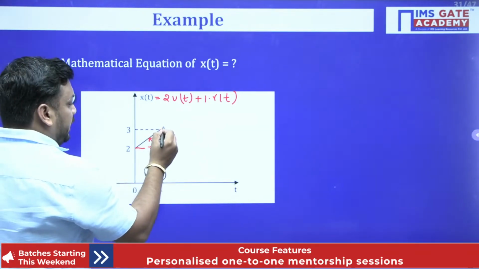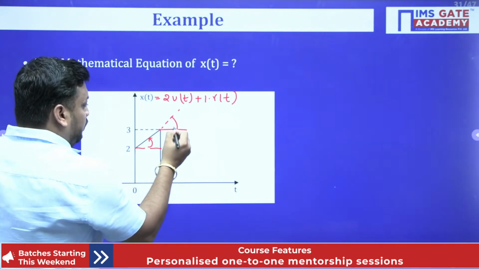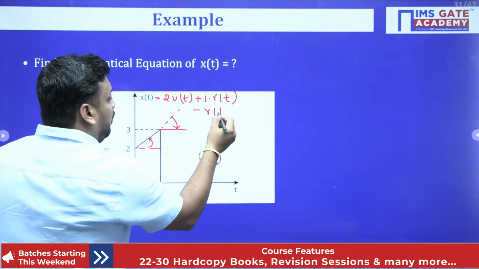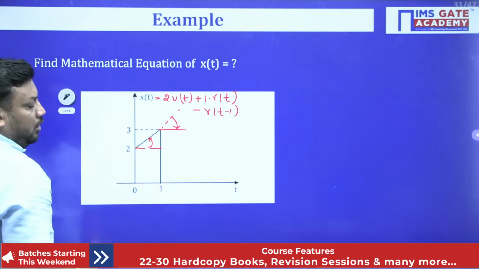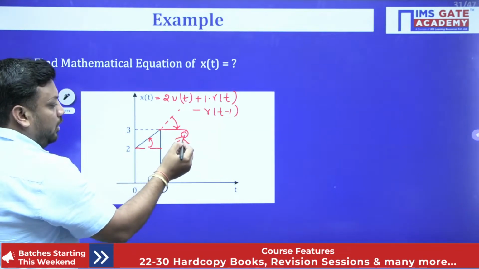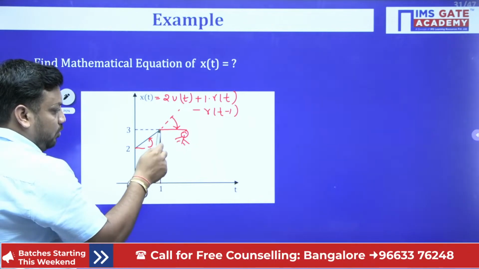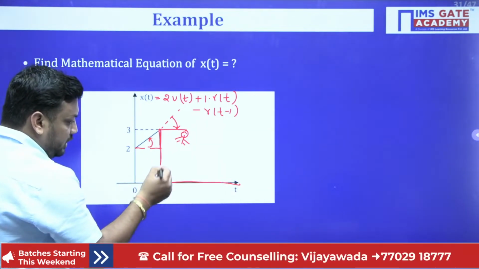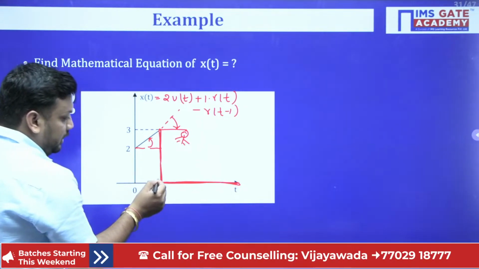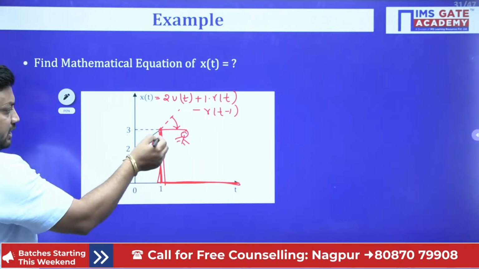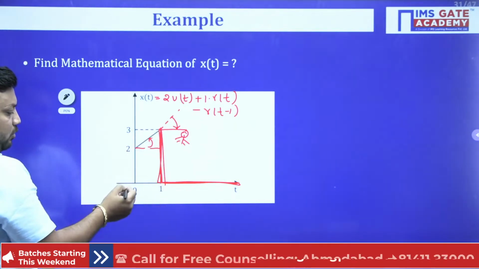Now this ramp signal is going like this. First of all, we have to compensate the last slope. So we should write minus r(t minus 1). Now right now, student, you are here. You are observing from here. So you need to check that sir, we have to travel like this. Ultimately, you have to travel like this. So you will see a ulta step, which is traveling 3 distance in the downward direction because 3 to 0.